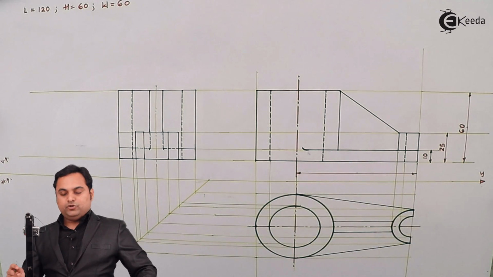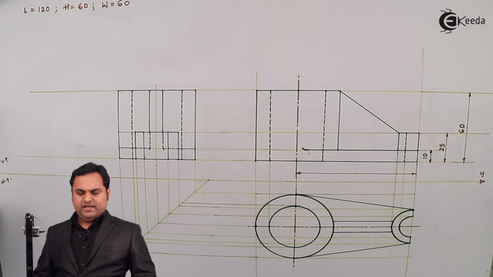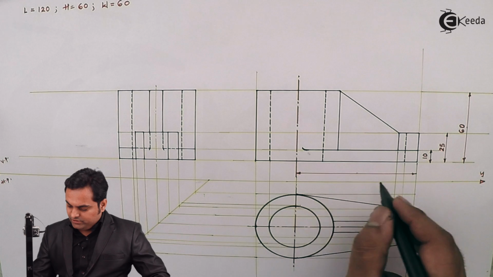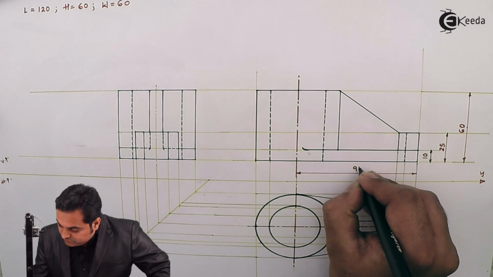And dimensions should be exactly at the middle, and both the letters should have the same height. So here, since it is 90, we can write it in this way.